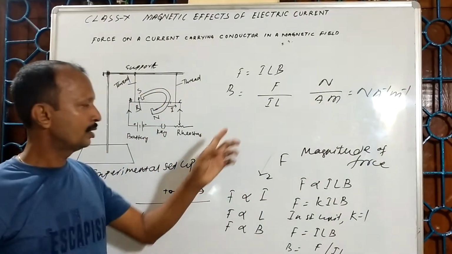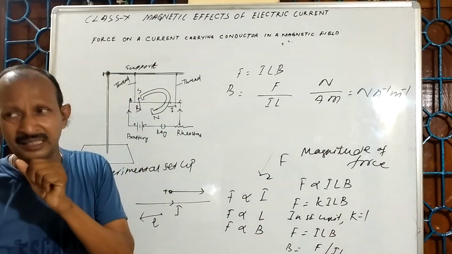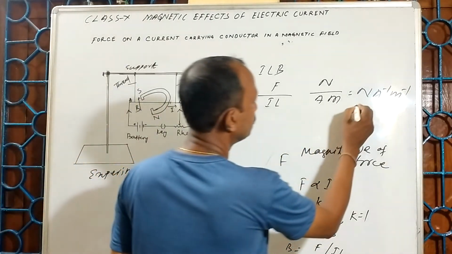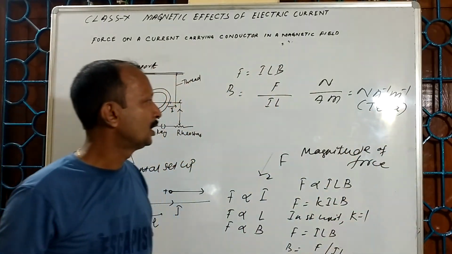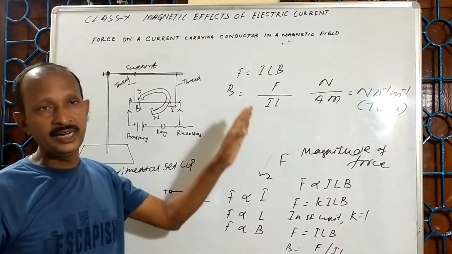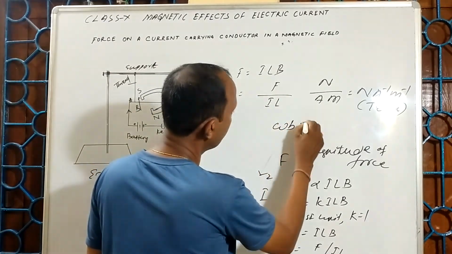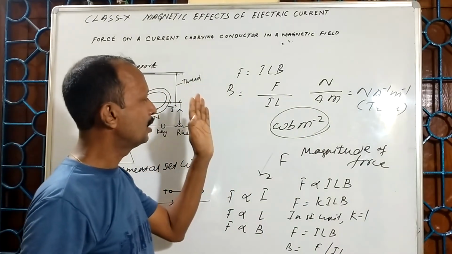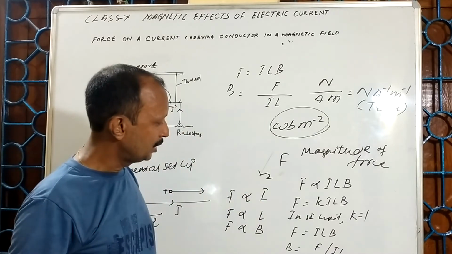This is the SI unit of magnetic field. It is also called Tesla. So the SI unit of magnetic field is Tesla, or we can say this is Weber per meter square. It is also a unit of magnetic field.